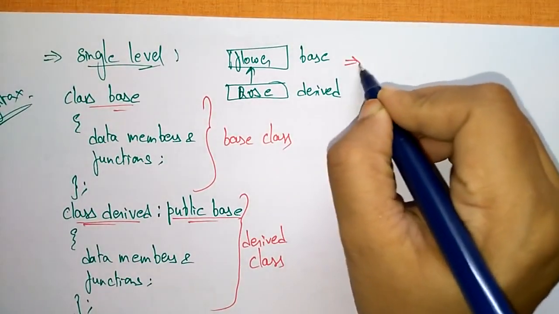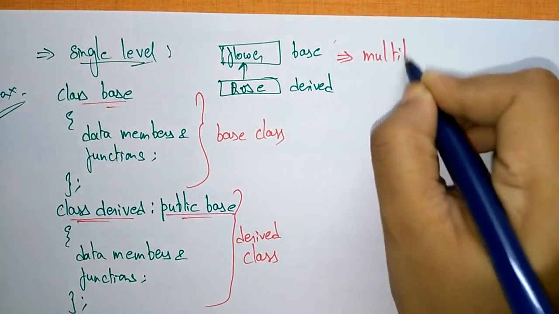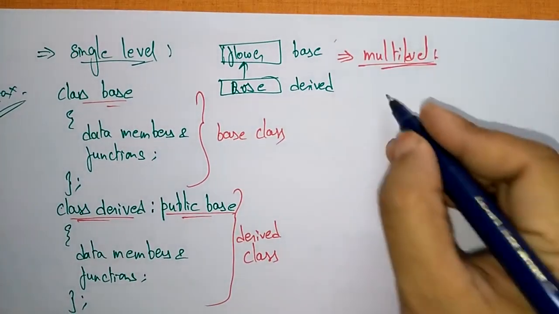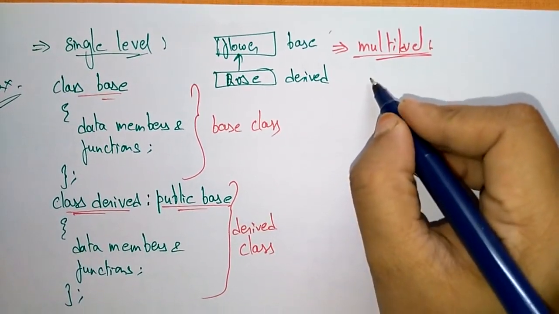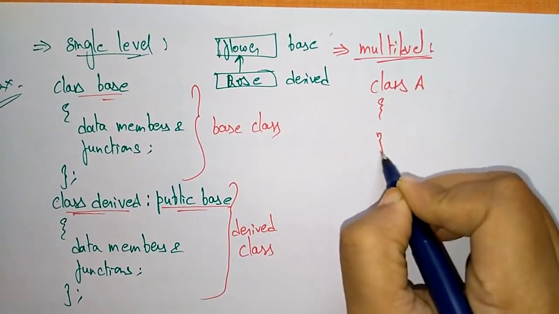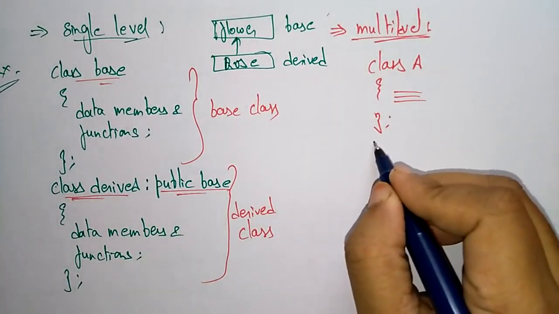Now coming to the next, multi-level. Let us see the program. Class A has data members and functions.